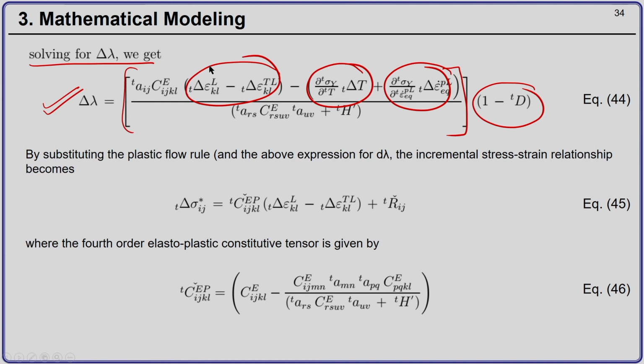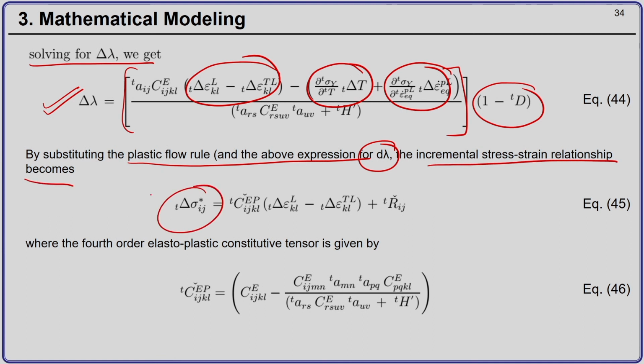Okay. So, by substituting in the plastic flow rule the above expression for delta lambda, the incremental stress strain relationship will become like this.